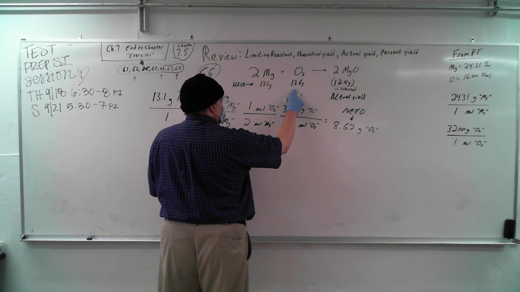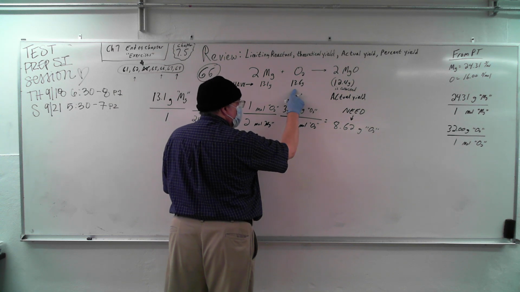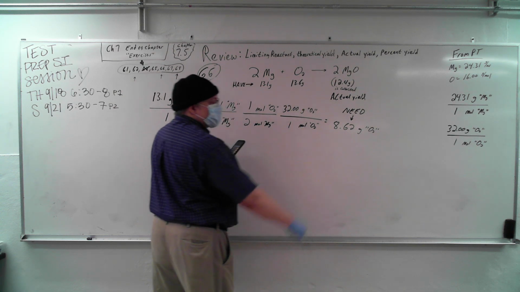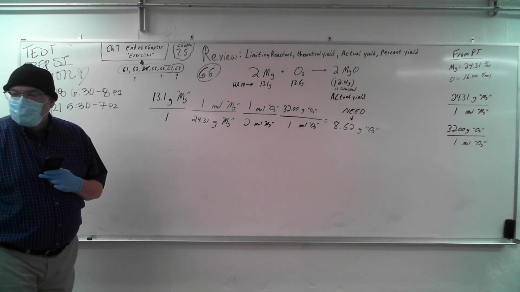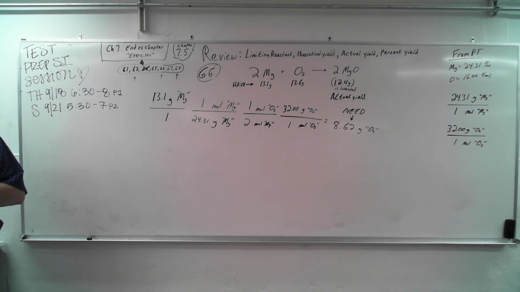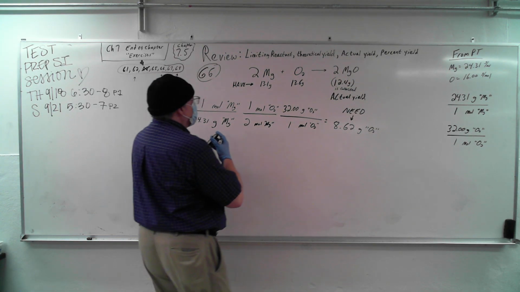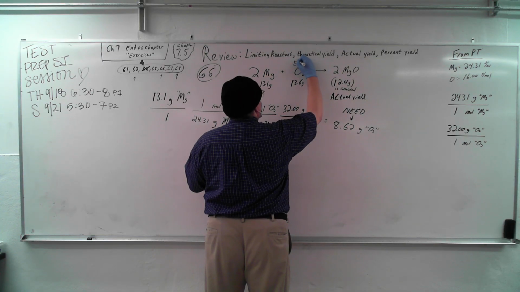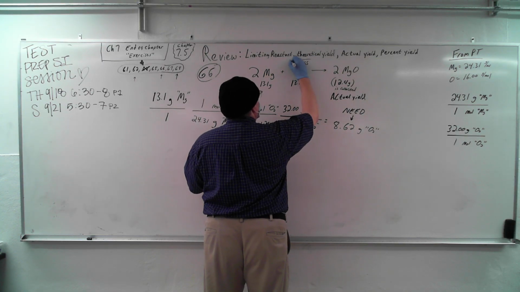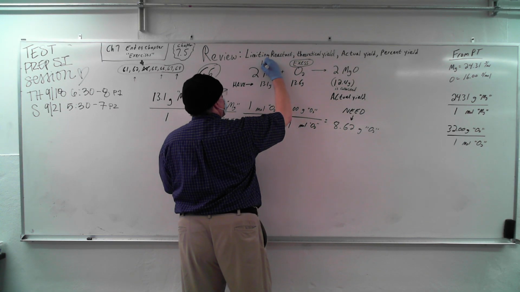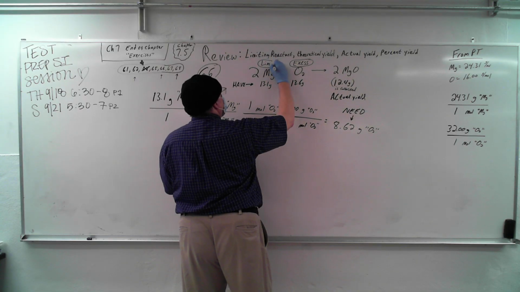Here's how many grams of O2 we have. Here's how much we need. So what's your conclusion? It is excess. We have more than we need, so it's excess, and that necessarily means the Mg is the limiting reactant.